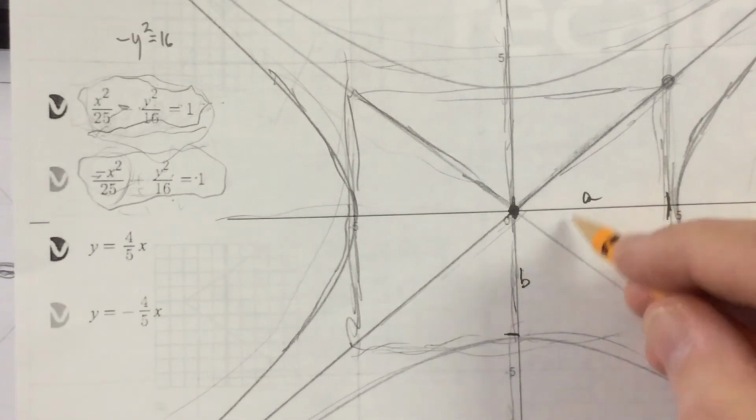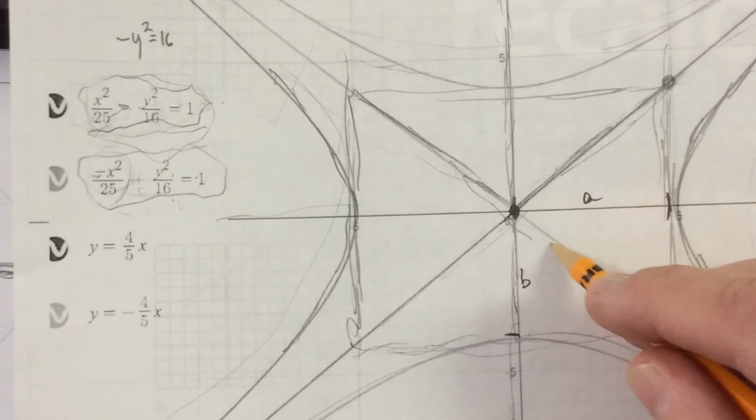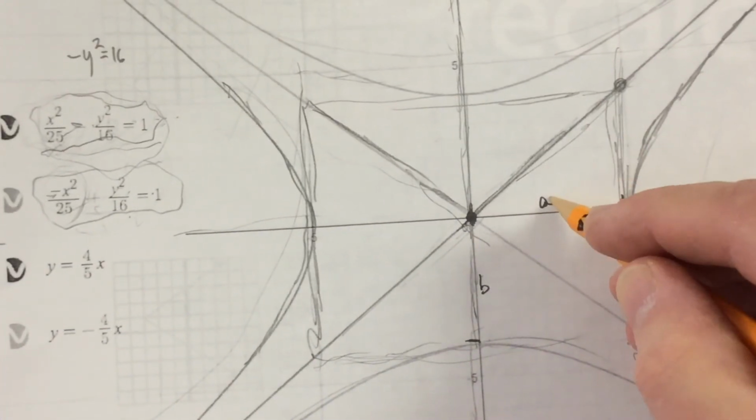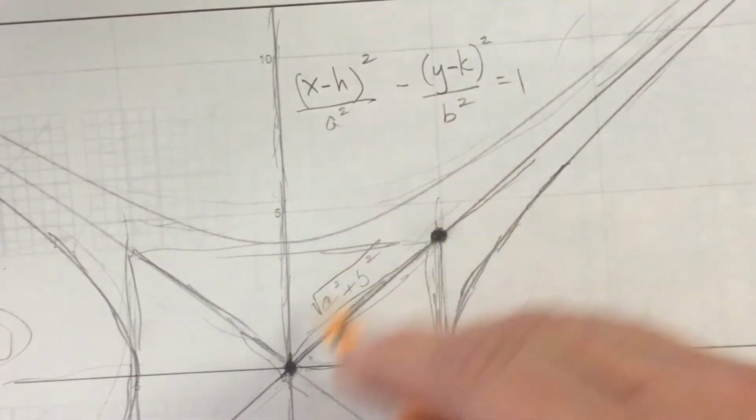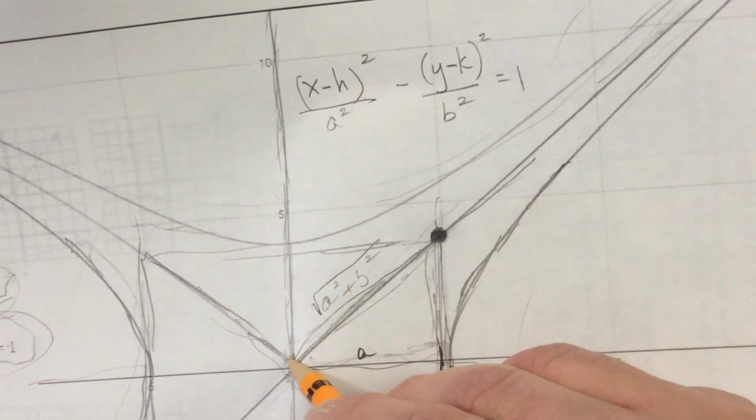which actually means we know the slope of these two lines. This is plus and this is minus B over A. And if HK is the center, this line is going to go through the center.